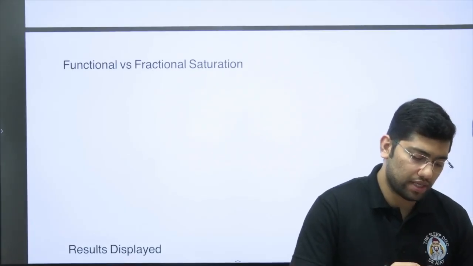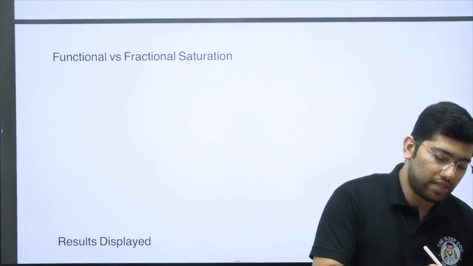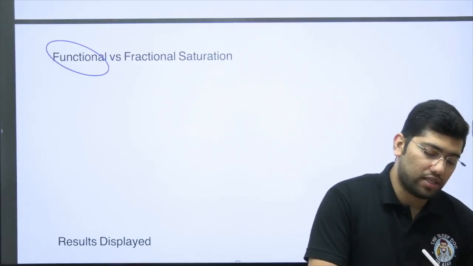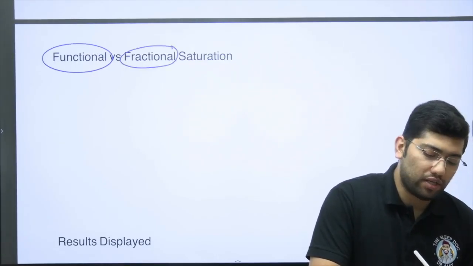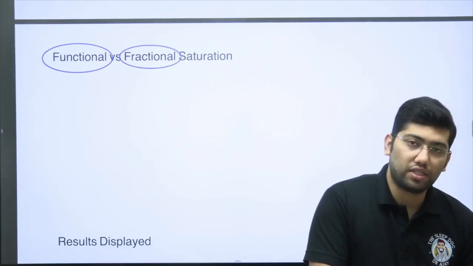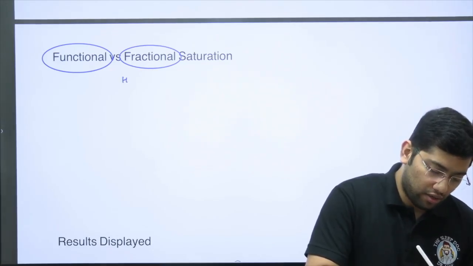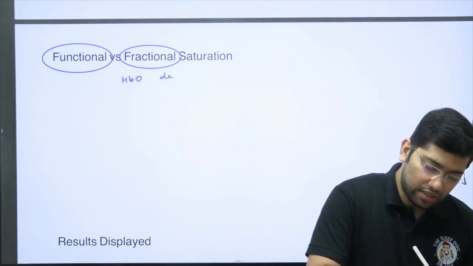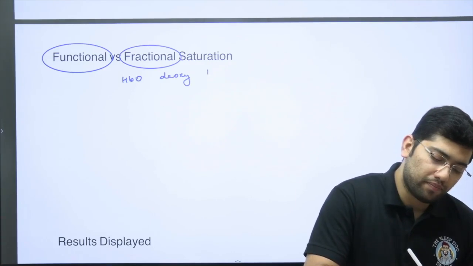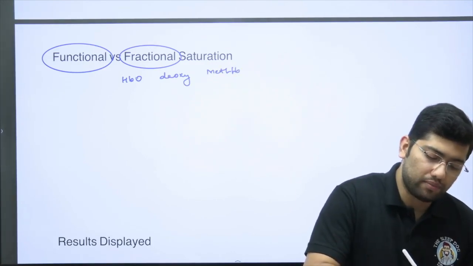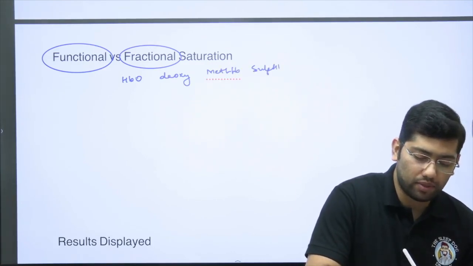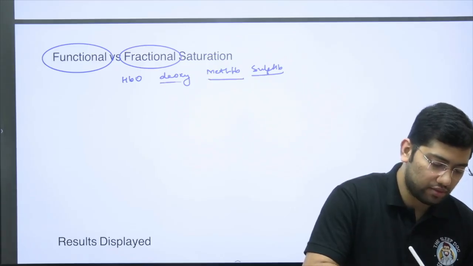Now there are two concepts that need to be understood. One is the functional oxygen saturation and the other one is the fractional oxygen saturation. Now, as we discussed, there is oxyhemoglobin, there is deoxyhemoglobin, there is methemoglobin and there is sulfhemoglobin. All right.